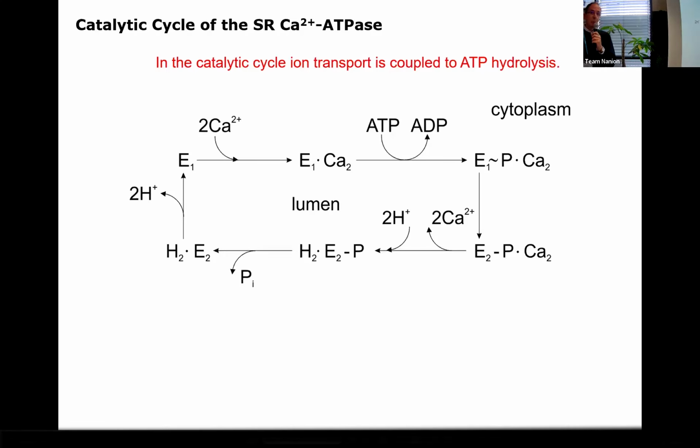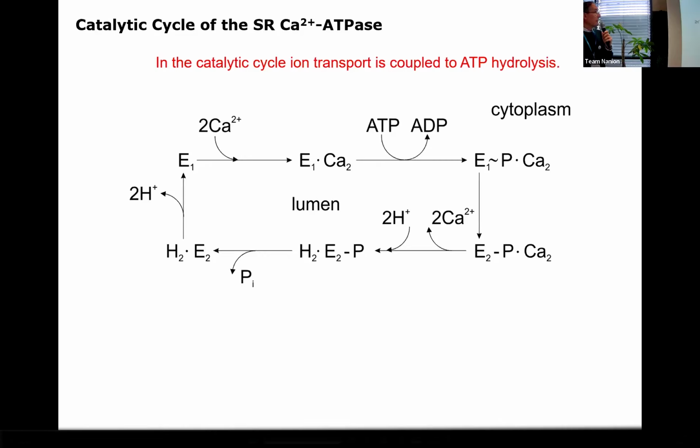Starting at the E1 conformation, the SERCA cycle begins with high affinity binding of two calcium ions from the cytoplasmic side. Then a transient phosphorylated intermediate E1P is formed by the interaction of ATP with a conserved aspartate residue in the cytoplasmic P domain, which is a specific feature of P-type ATPases.